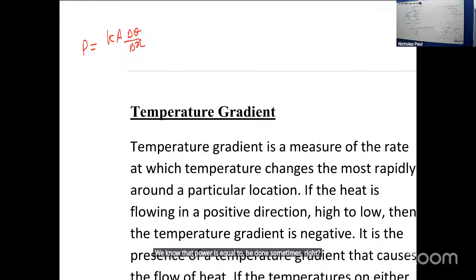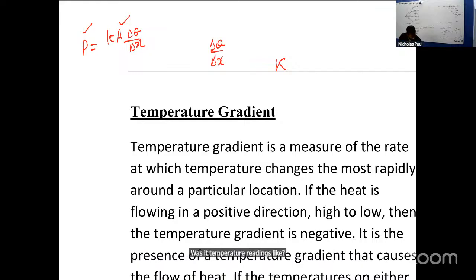What I would like to know is, if the rate of heat flow is constant, what's the relationship between temperature gradient and K? How are they related? If you have a real good insulator with a low K value, what's the temperature gradient like? If you have something with a high K value, like a metal, what's the temperature gradient like?